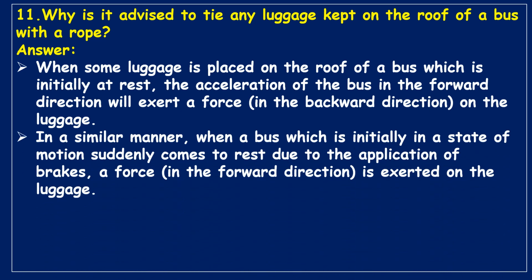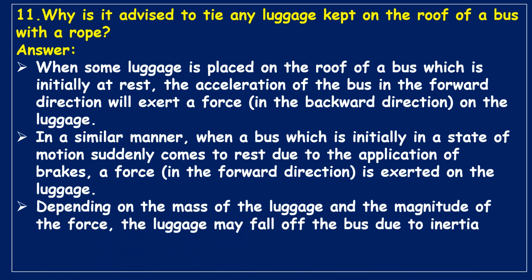In a similar manner, when a bus which is initially in motion suddenly comes to rest on the application of brakes, a force acts in the backward direction on the bus, and a force is exerted on the luggage in the forward direction, the opposite direction.